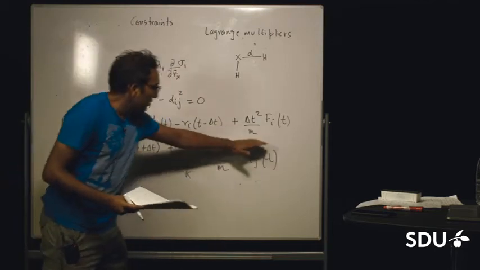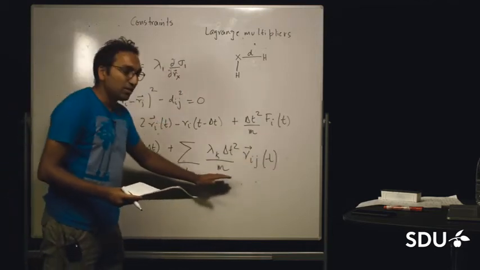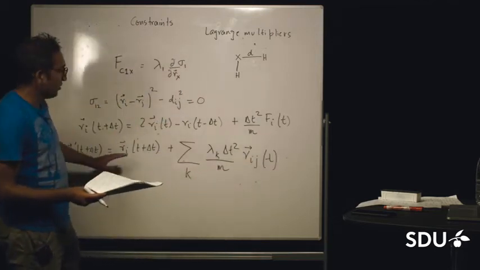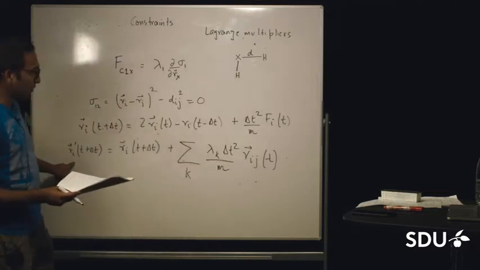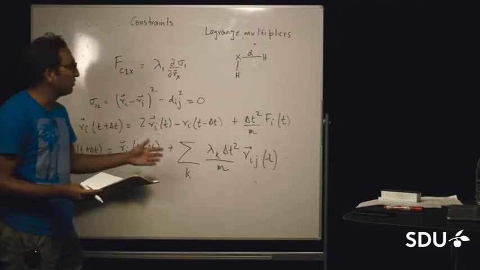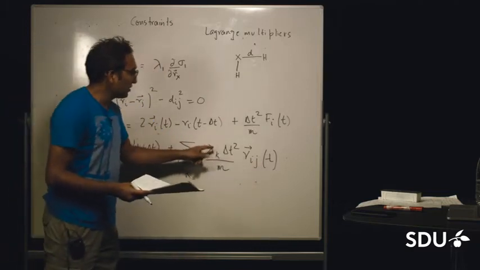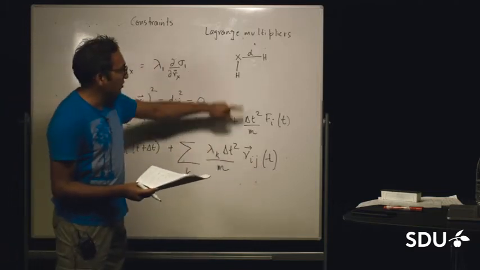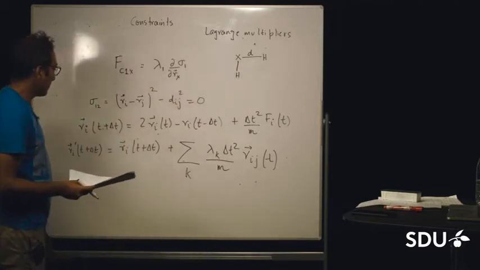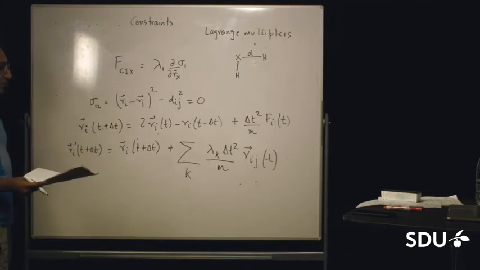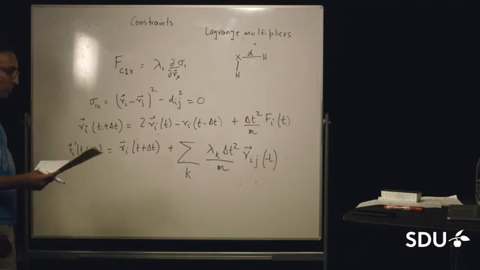So these are the changes in position arising from k constraints. Here Ri is the particle in question and the Rj's are the particles with which there is a constraint. So for example, in this case, j would be this first hydrogen and the second hydrogen, k would be equal to 2. So let's take a few minutes to derive these equations. How do you come to these equations?